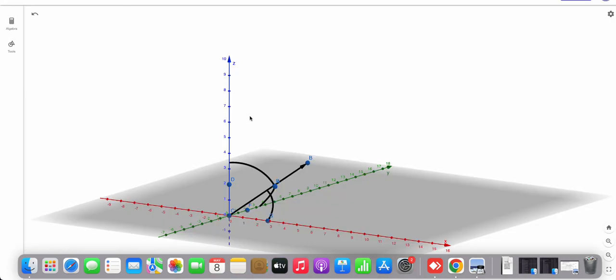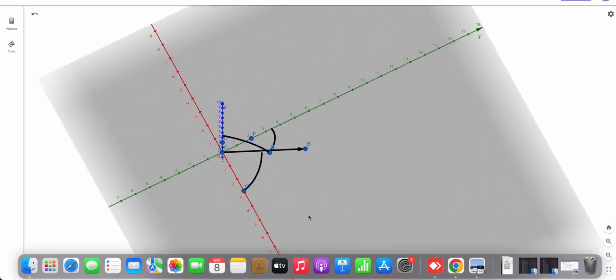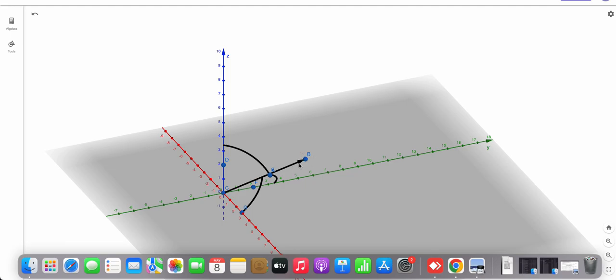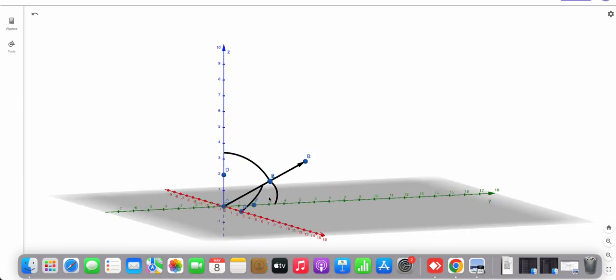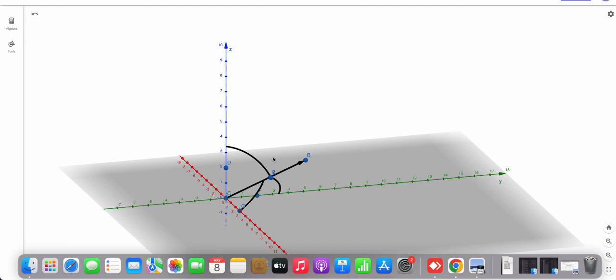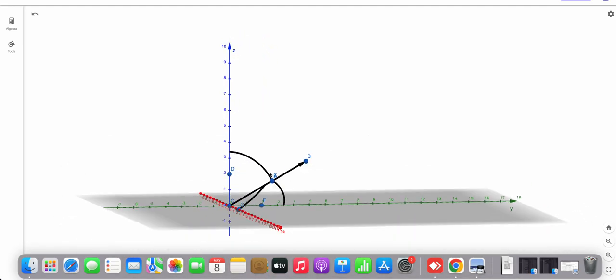In 3 dimensions, consider here, this is a vector A. This vector is making some angle gamma with the z-axis, some angle beta with the y-axis, alpha with the x-axis. You understood? So I am considering a vector in 3D x, y, z, where it is making alpha, beta, gamma with the x, y and z axes.